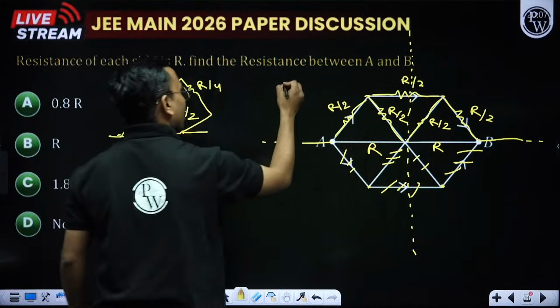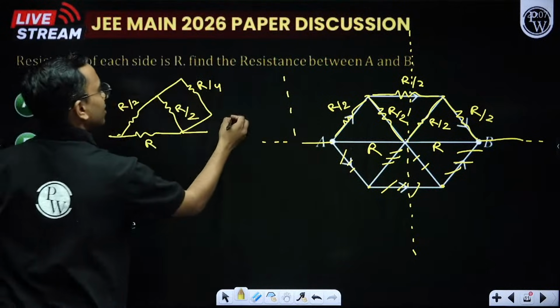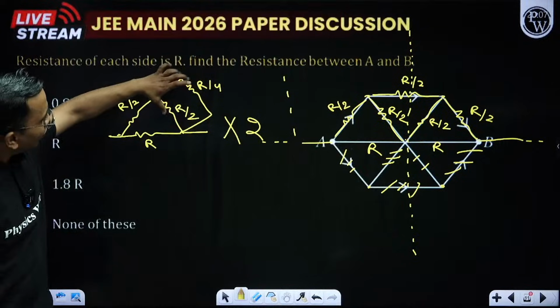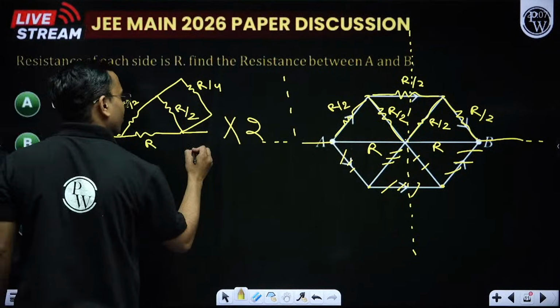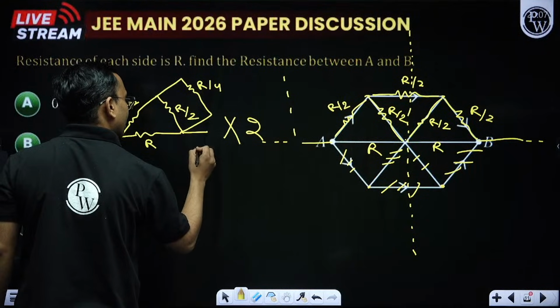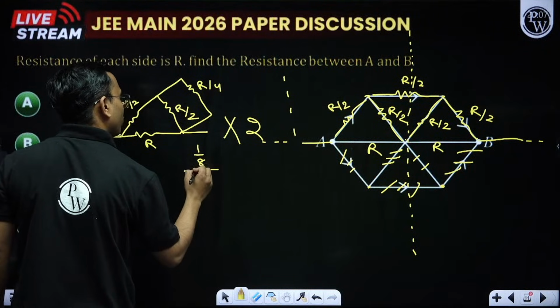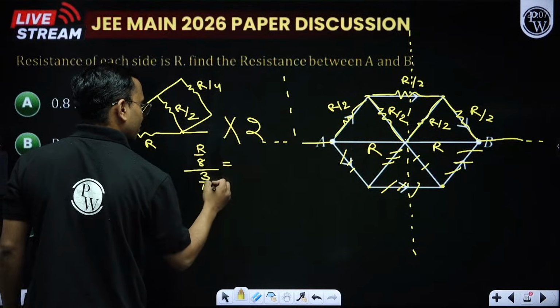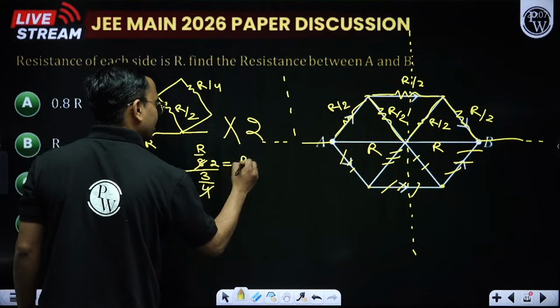Now this is my half circuit. I'll find resistance of this into 2. Now R by 4 parallel with R by 2, what it will become? 1 by 4 into 1 by 2 is 1 by 8 divided by 1 by 4 plus 1 by 2 is 3 by 4. So this will become R by 6.